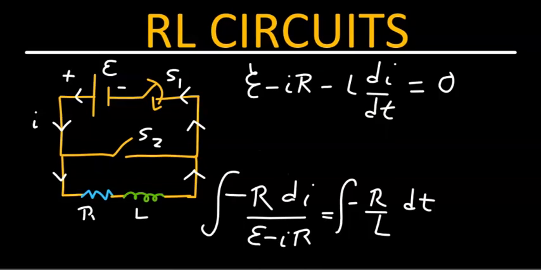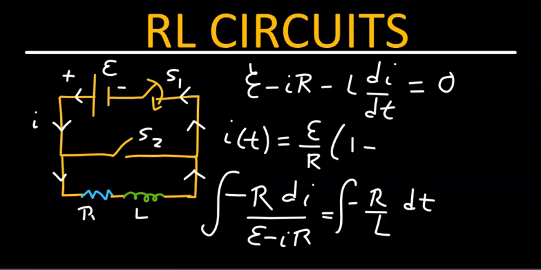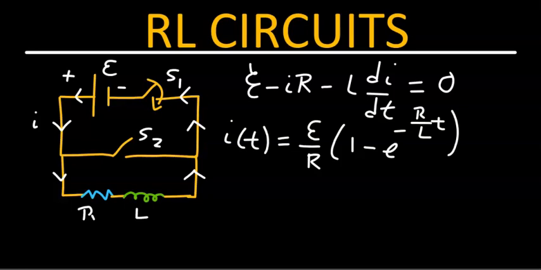Upon integrating, you will see that the solution for the electric current as a function of time is as follows: I equals EMF over resistance times (1 minus e to the power minus R over L t). This solution shows the electric current in this RL circuit actually increases with respect to time, and the growth is exponential.